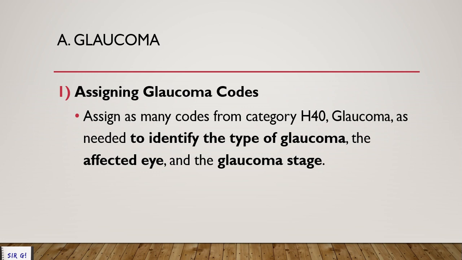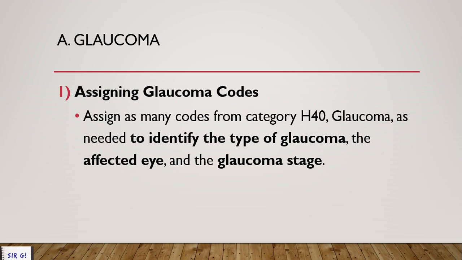Okay, the affected eye. Remember, we have two eyes, the left and the right. So it's very important to code the specific laterality, whether it's the right eye or the left eye, because glaucoma may happen to your right eye only, or to your left eye only.